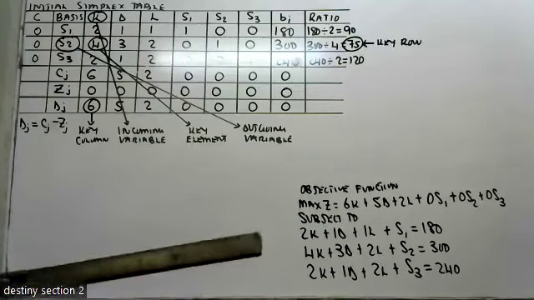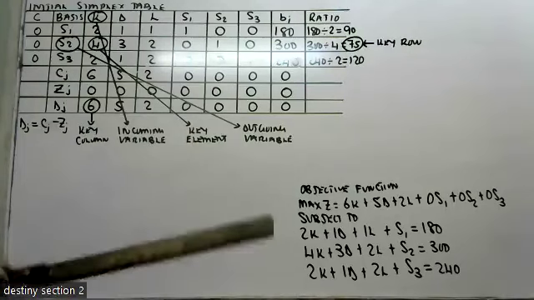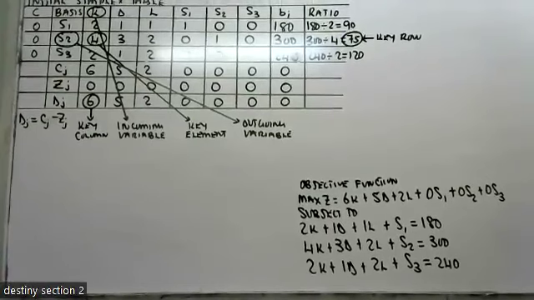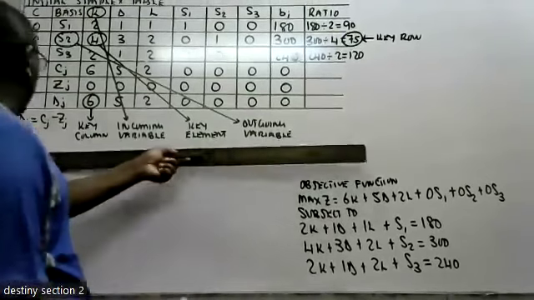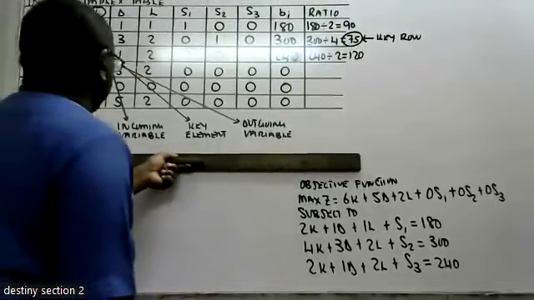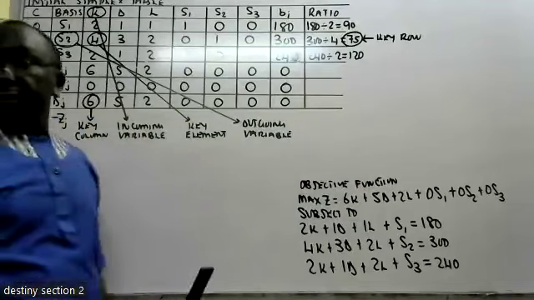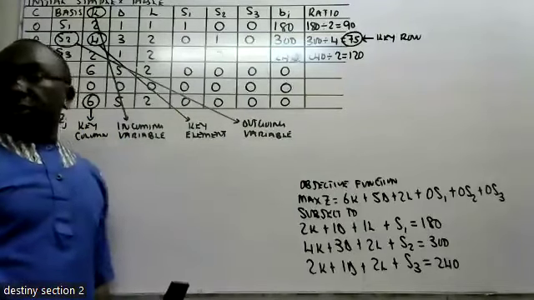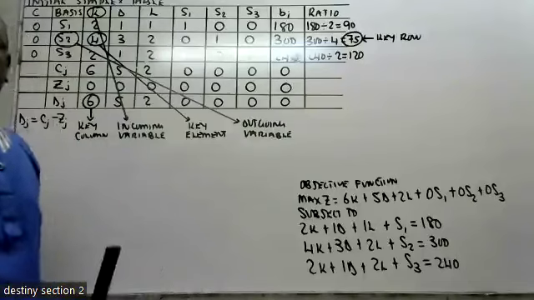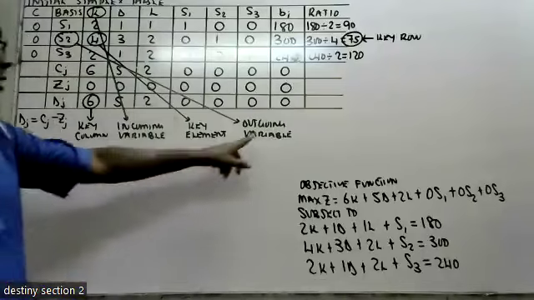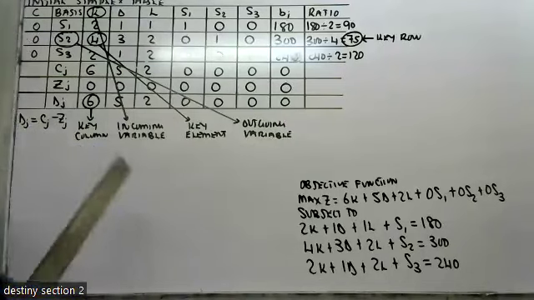When you get to know that, you now proceed to create what we call the second simplex table. I believe that you have finished writing here. I want to have this space so that I use it.